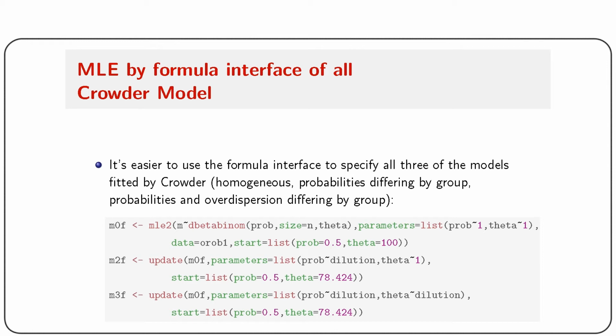Start with this, then similarly update m2f, update m naught f, parameters list prob dilution, theta tilde 1, and start list is prob 0.5, theta 78.428. m3f is again update m naught f, parameter list in this, and start list probability 0.5 and theta equals 78.424.